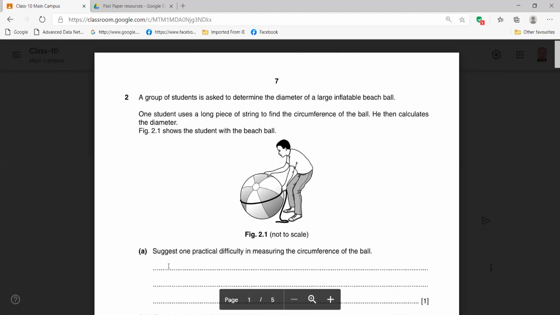Then, any other idea? Ziba? Farhan? Farhan?